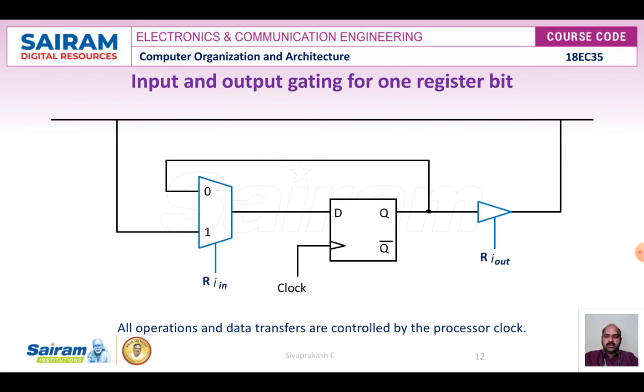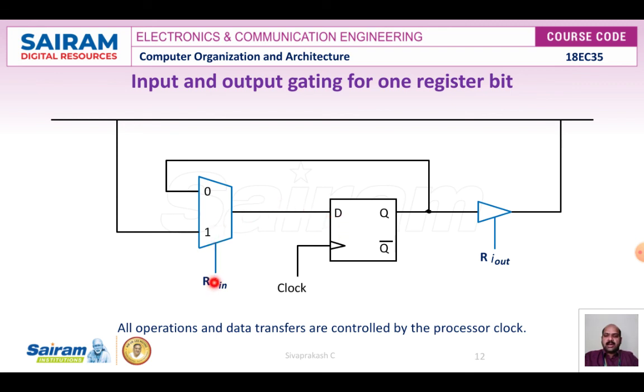A 2-input multiplexer, 0 and 1, is used to select the data applied to the input of an edge triggered D flip-flop. When the control input Ri in is equal to 1, the multiplexer selects the data on the bus. This data will be loaded into the D flip-flop at the rising edge of the clock.